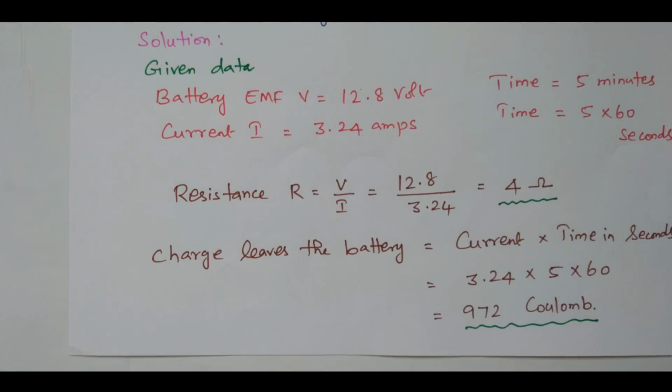Then power in terms of resistance, V square by R, I square R. Then limitations of Ohm's law. Then resistance, what are the properties of resistance. In this the important thing, resistivity. We discussed the resistivity. Resistance means the reciprocal of conductance, that also we discussed, and we discussed the 4 problems based on Ohm's law. Thank you.